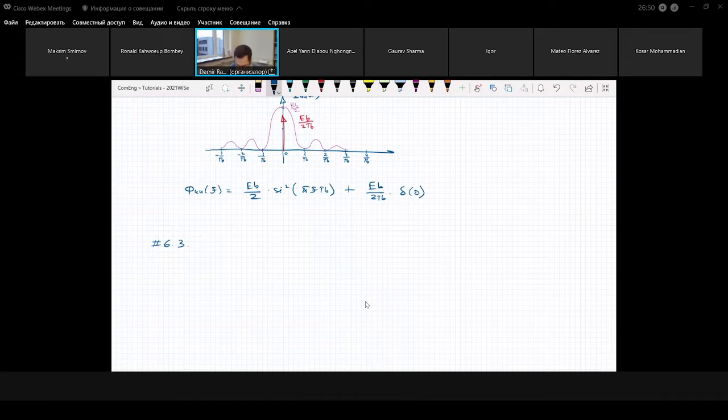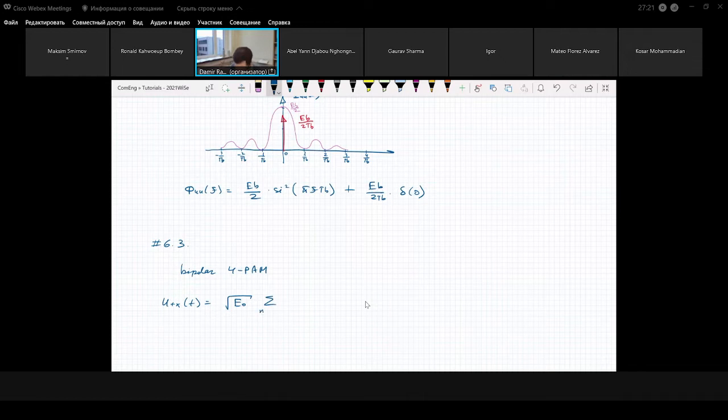And here we have bipolar signaling, and our transmit signal is given by the following expression.